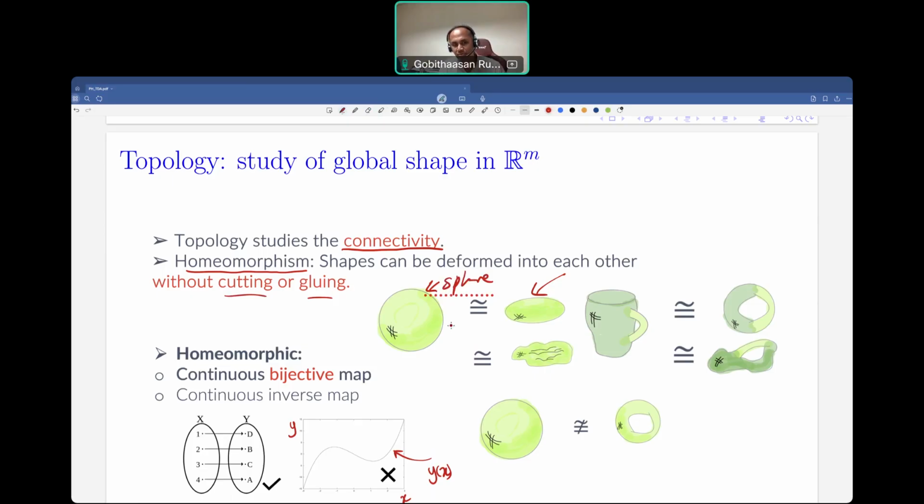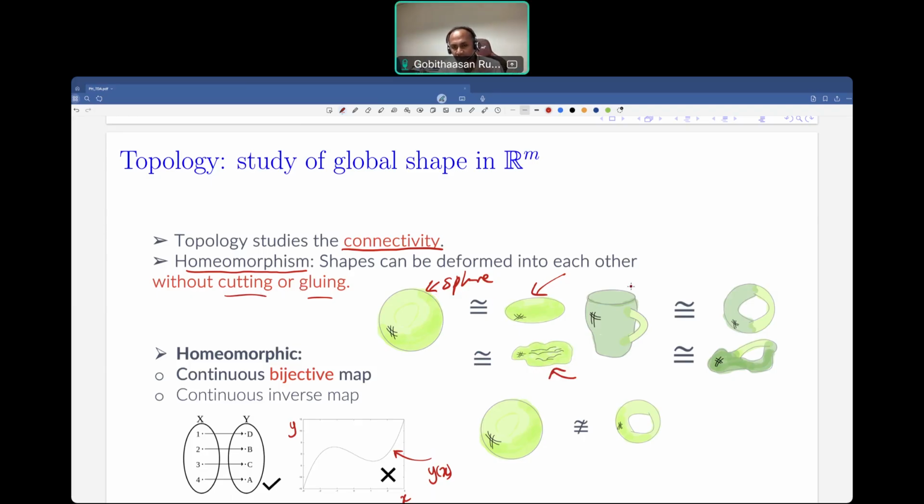You're not allowed to do that. So we say the sphere is homeomorphic to the ellipsoid. Maybe you squeeze the ellipsoid in such a way that it is not so elegant. Again, this sphere is homeomorphic to this crooked ellipsoid. So you can still say that. That is what the word homeomorphic means.